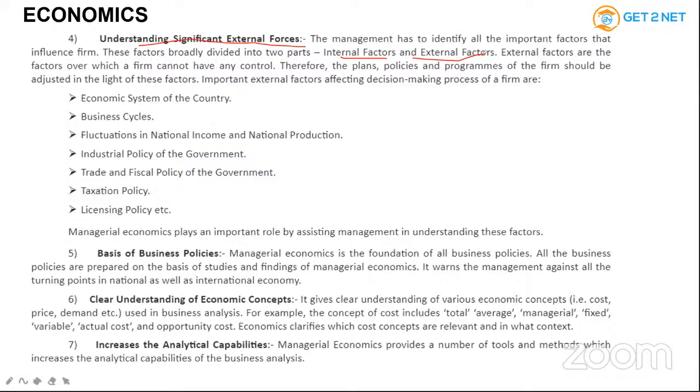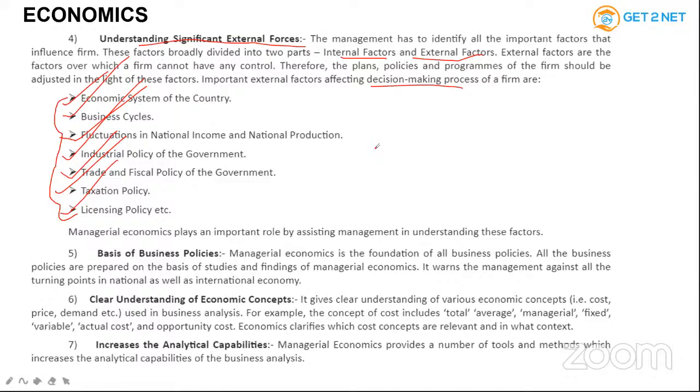Although we cannot control external factors, at least we can understand and forecast them. The factors normally taken into consideration in decision making are the economic system of the country, business cycles, fluctuations in national income and national production, industrial policy, trade and fiscal policy, taxation policy, and licensing policy. These are the important external forces.